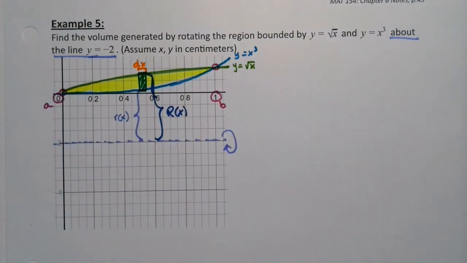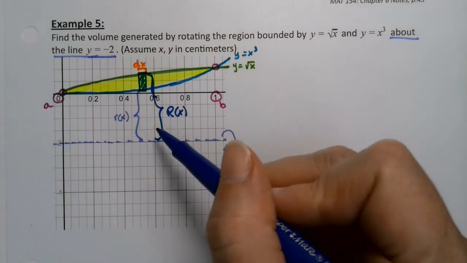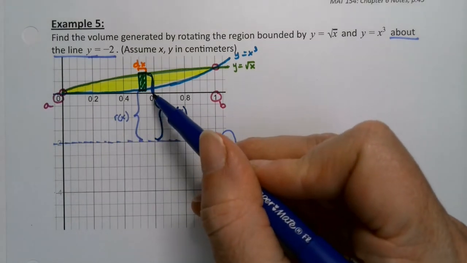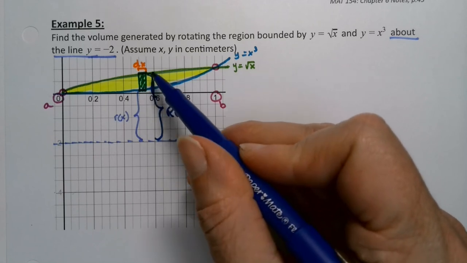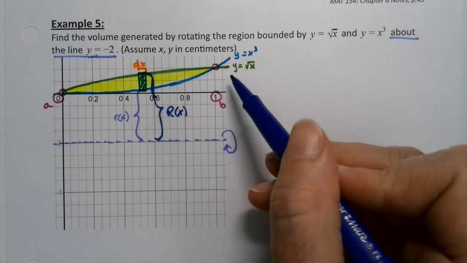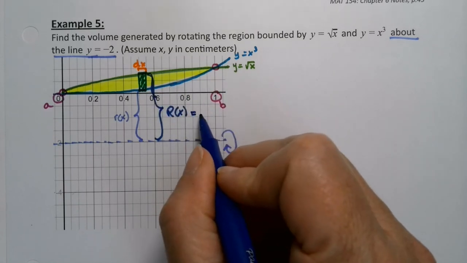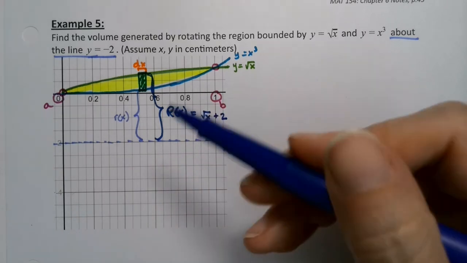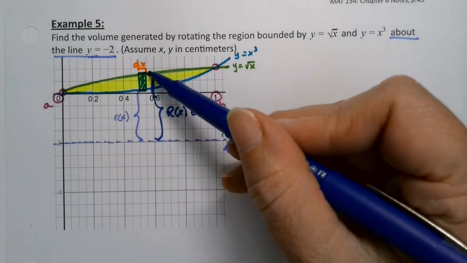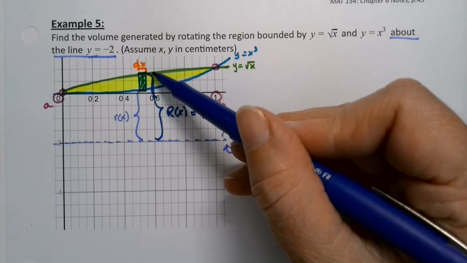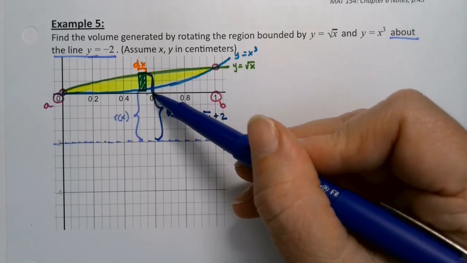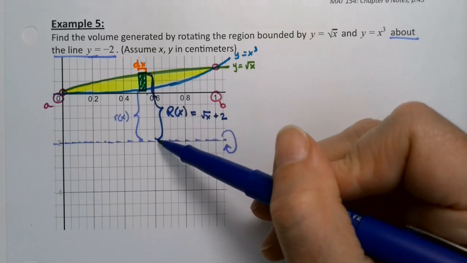Now how much is that? Well, to get from the axis of rotation just to the x-axis is 2. But to get from the x-axis all the way up to that green curve is square root of x. So this particular one is the square root of x plus 2. Square root of x gets you from the green curve to the x-axis, and 2 will get you from the x-axis down to that axis of rotation.